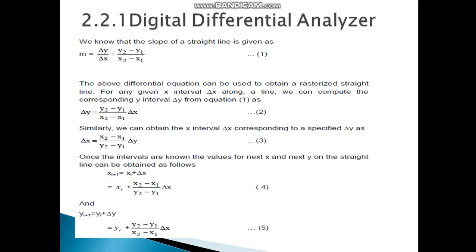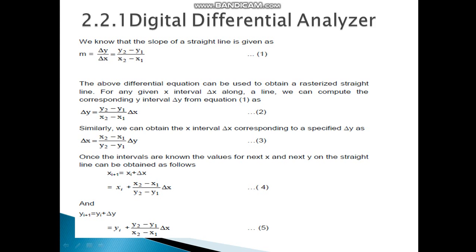Once the intervals are known, the values for the next x and next y on this straight line can be obtained as follows. The next point is equal to the previous point plus delta x, that is x i plus 1 is equal to x i plus x2 minus x1 upon y2 minus y1 into delta x, and here is the second equation, that is y i plus 1 is equal to y i plus delta y, putting in the equation of delta y here.